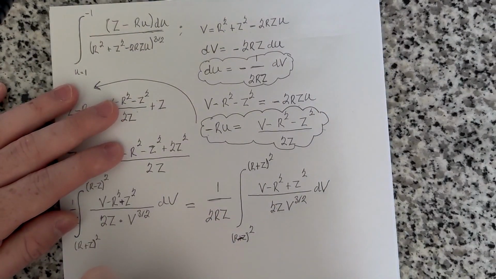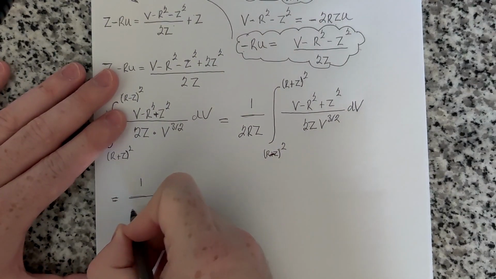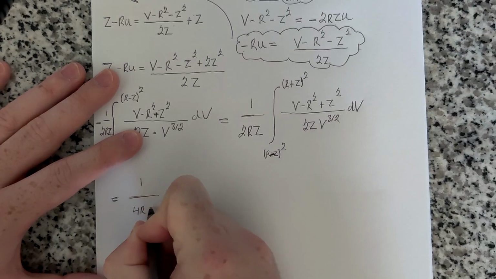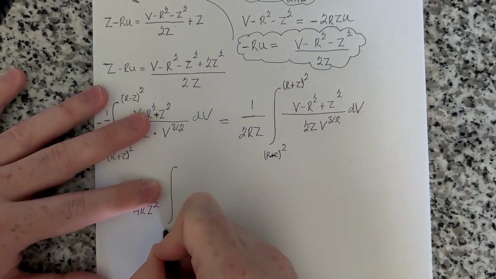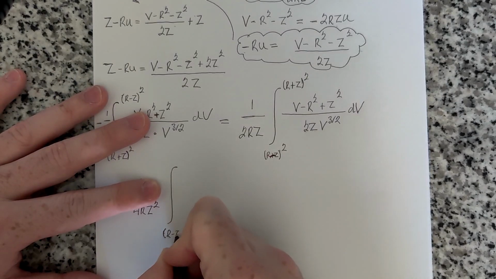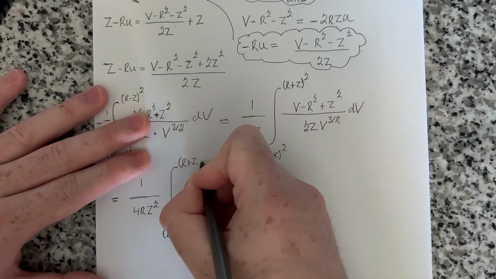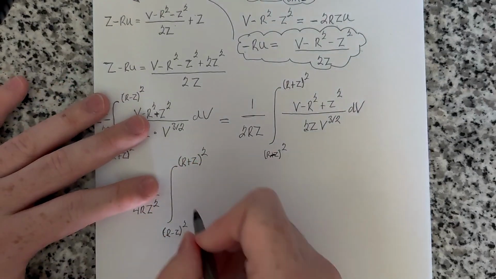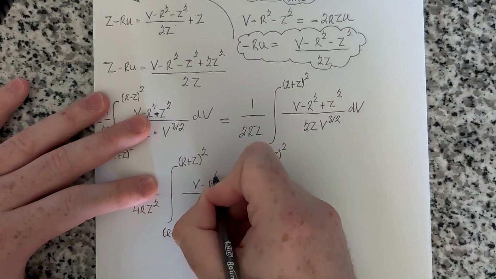And we have 1 over 4rz squared, integral from r minus z squared to r plus z squared. So this makes our integral a little bit nicer.